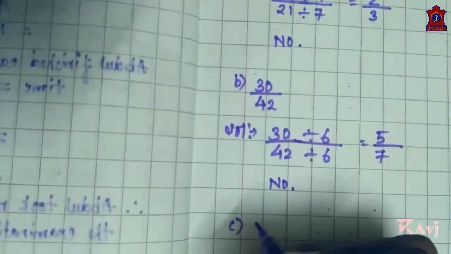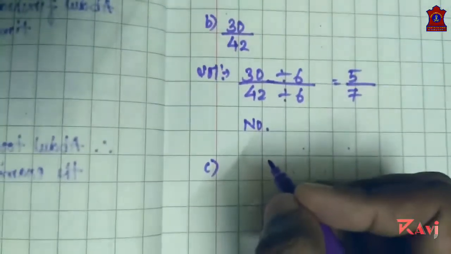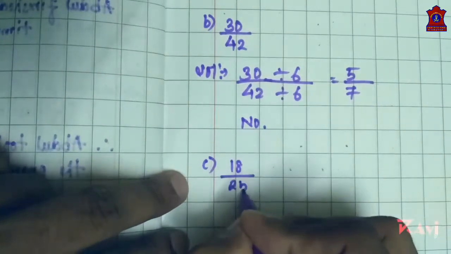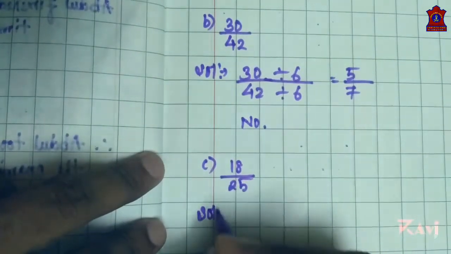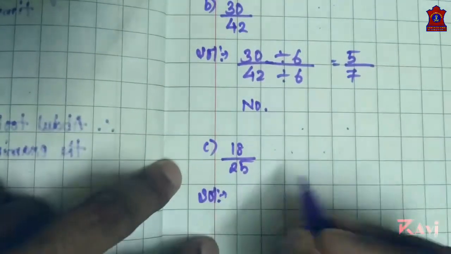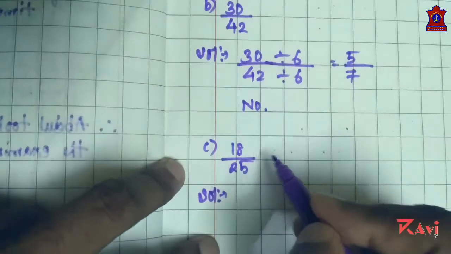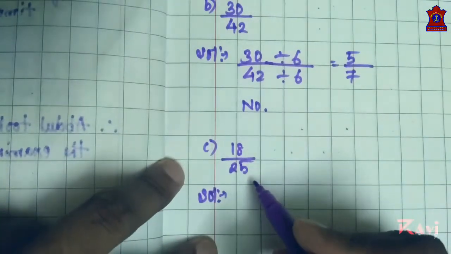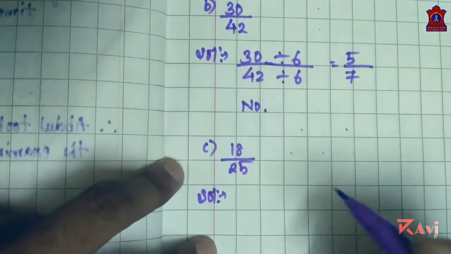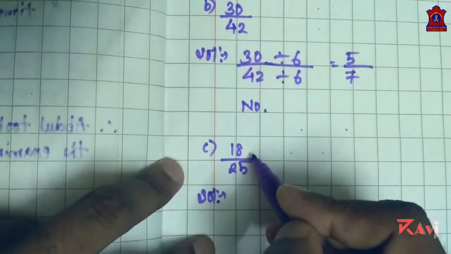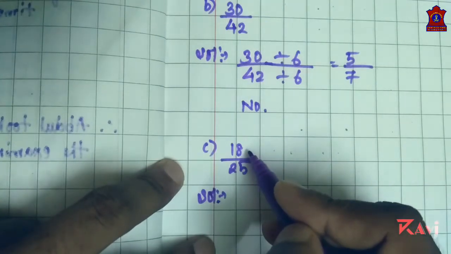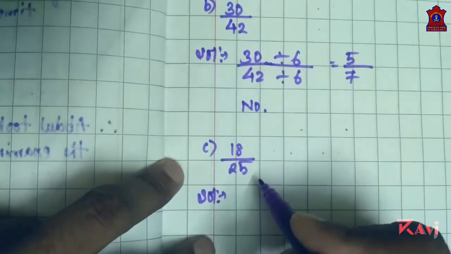Now look at question number C. 18 upon 25. Solution. Clear? Look at both the numbers carefully. Do 18 and 25 come in the same table? 18 is divisible by 3, but 25 is not. 18 is divisible by 9, but 25 is not.